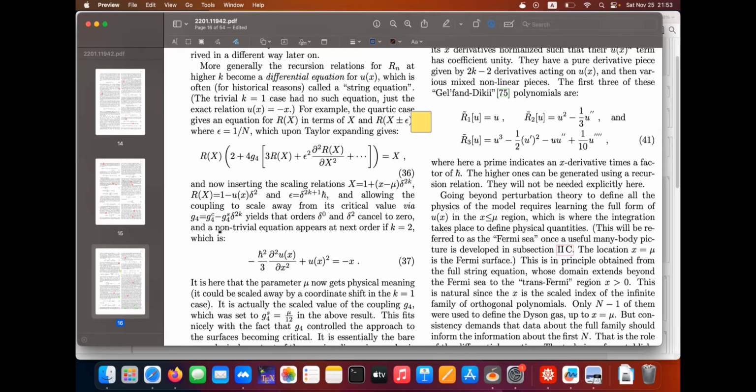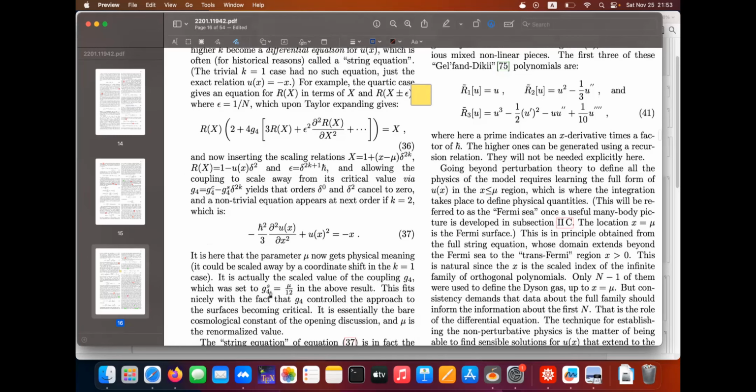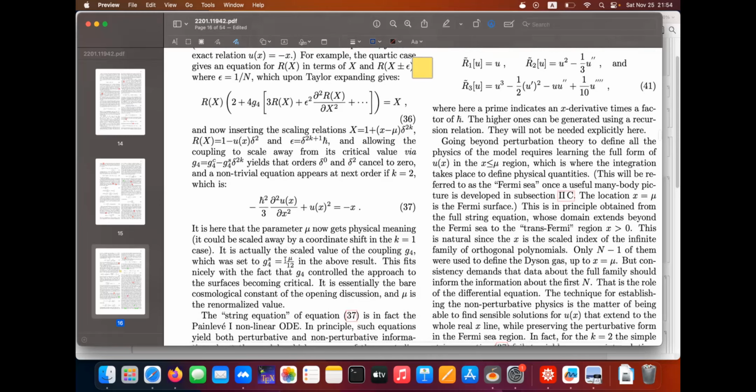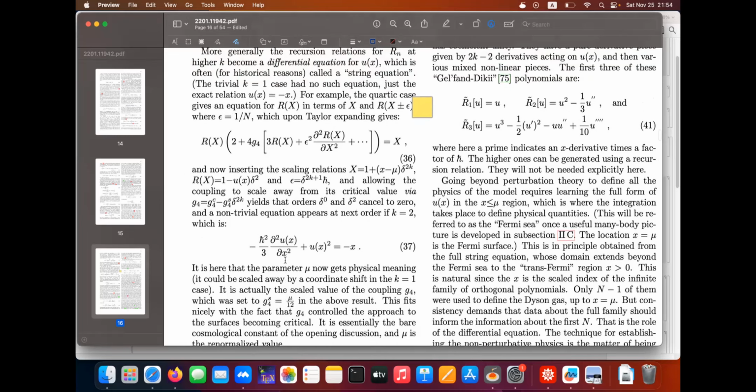Oh, it's interesting. Why can we fix g4? We know that we can fix g4 star, but I think that g4 critical is fixed, I think. So maybe I have made some mistake. Yes, I had some problem when I tried to recover this result.